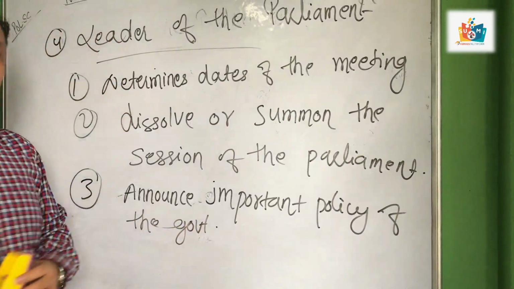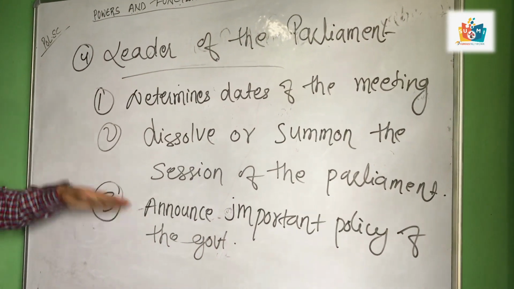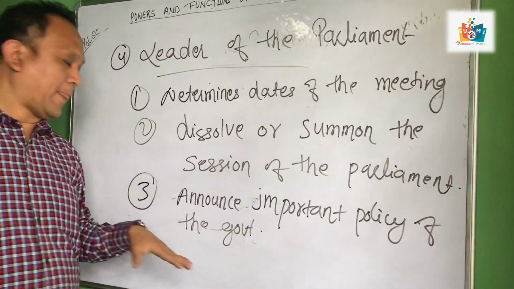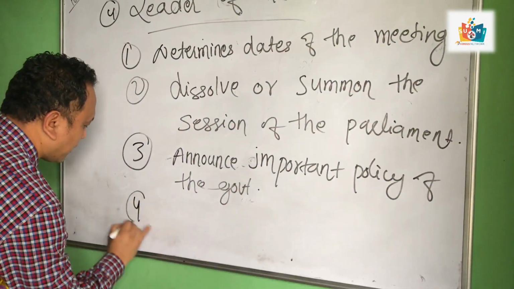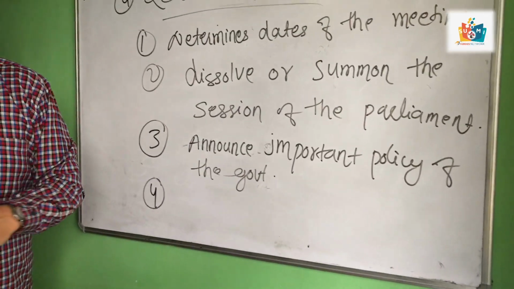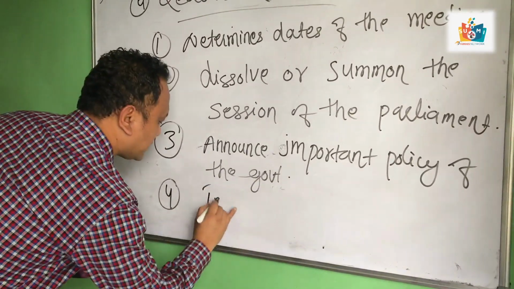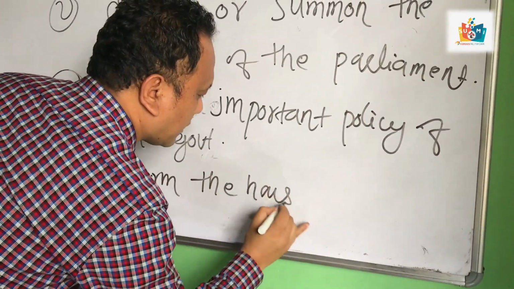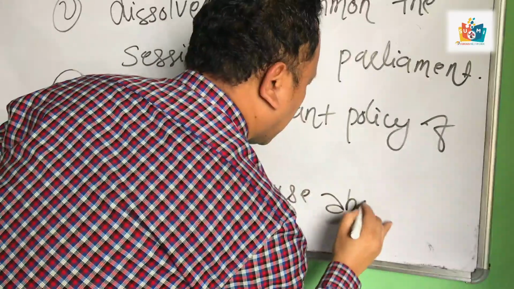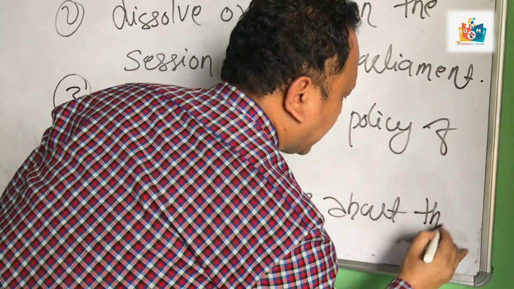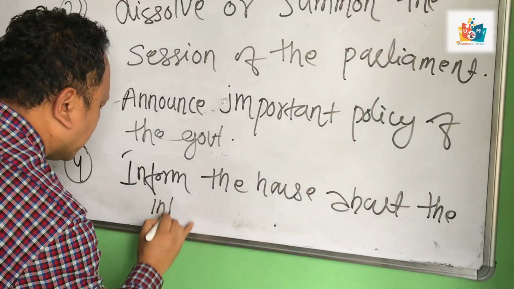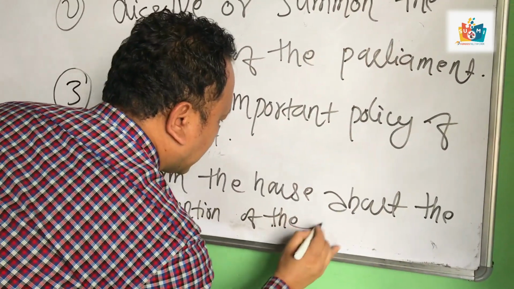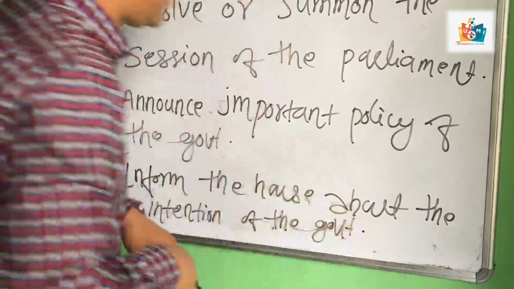All right. So number 3 function is he announces the important policy of the government. And number 4, he informs the House about the intention of the government. Intention of the government. Alright.